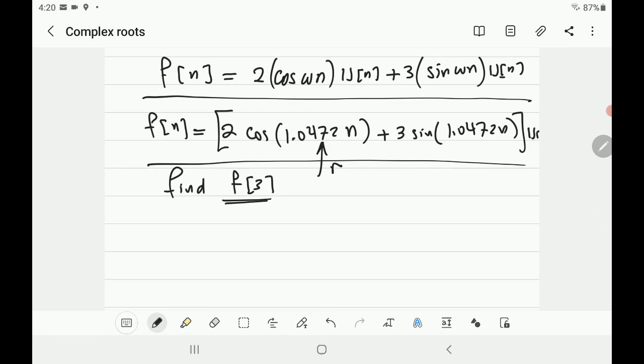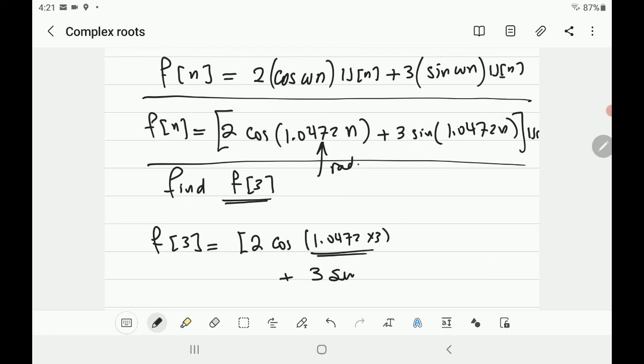Remember, all this is in radians. So f of 3 is equal to 2 cosine of 1.0472 times 3, in radians. You find the value of the cosine and evaluate it, you can do it in MATLAB, plus 3 sine of 1.0472 times 3, times u[n], just to make sure that n should be greater than or equal to 0.